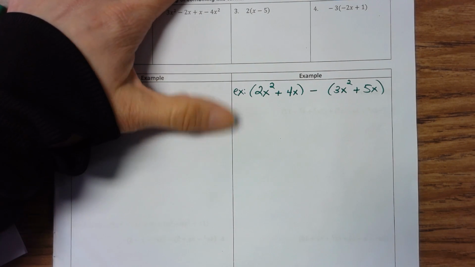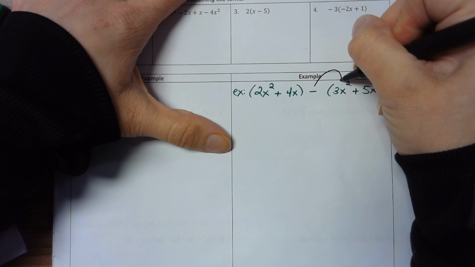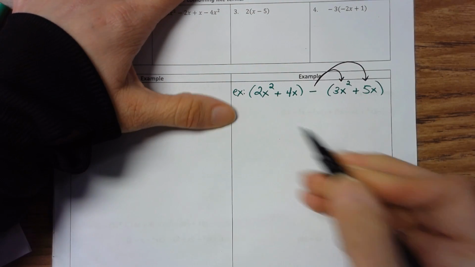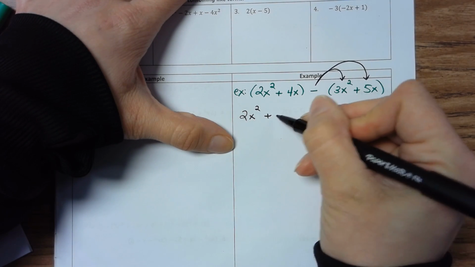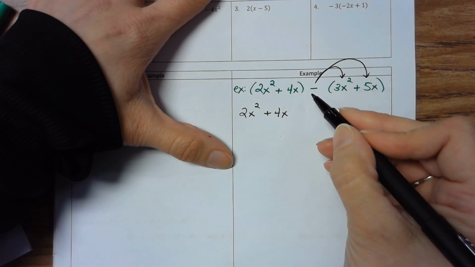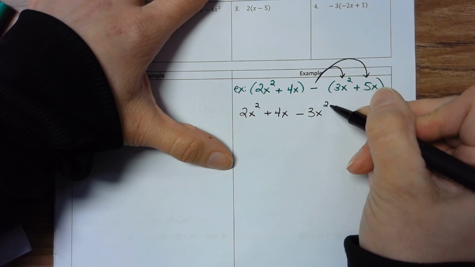So what I'm going to do is distribute the minus sign. We're going to subtract both terms. The first polynomial just gets written down as is, and we're not going to write the parentheses anymore. Now we're going to say subtract 3x squared.